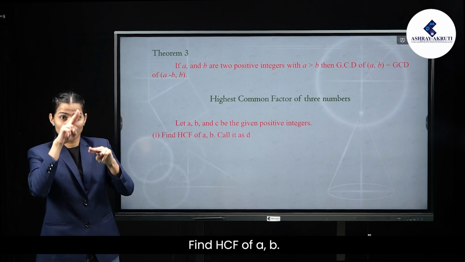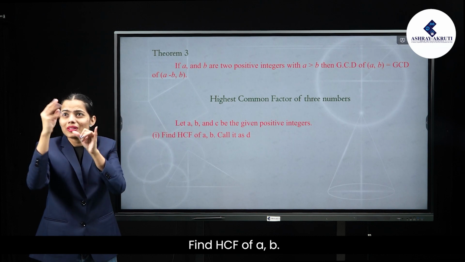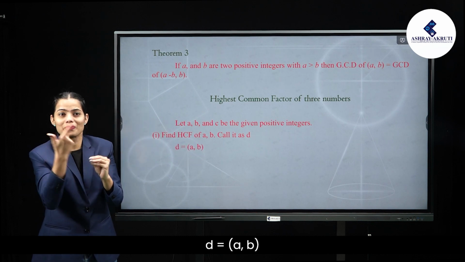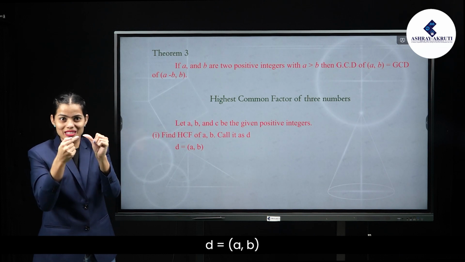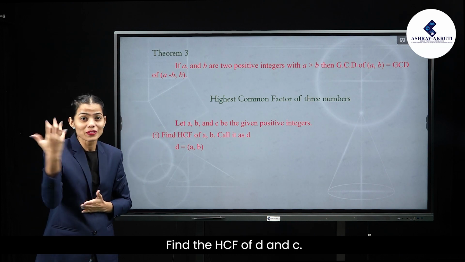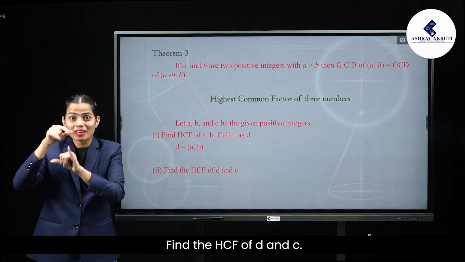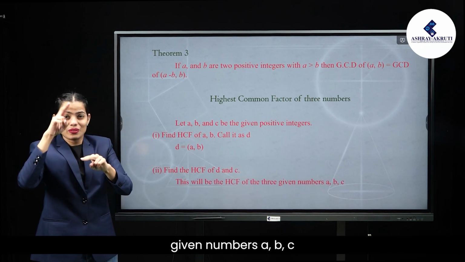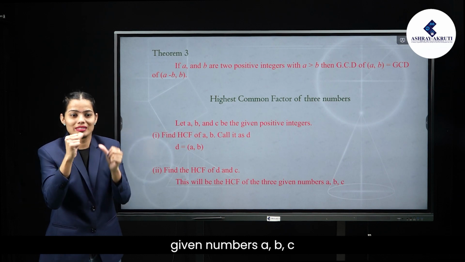Find the HCF of A and B, call it D. D is equal to HCF of A and B. Find the HCF of D and C. This will be the HCF of the three given numbers A, B, C.